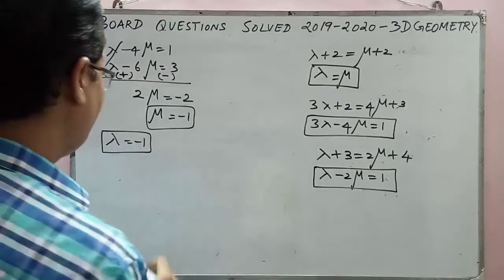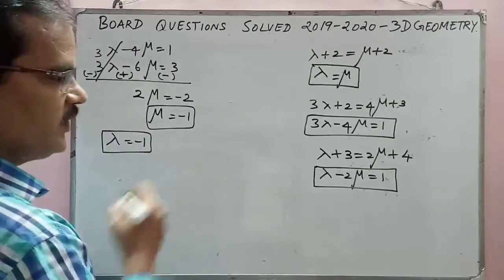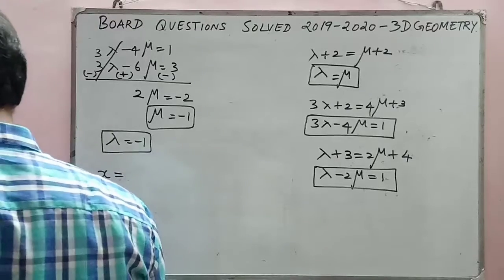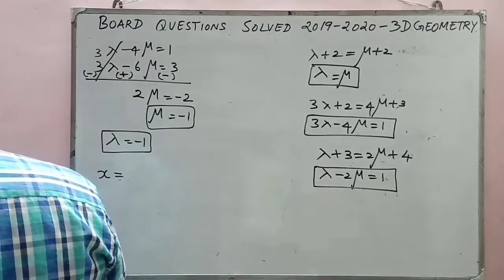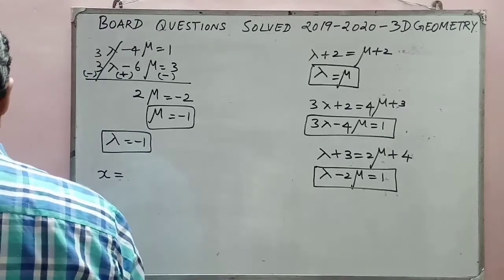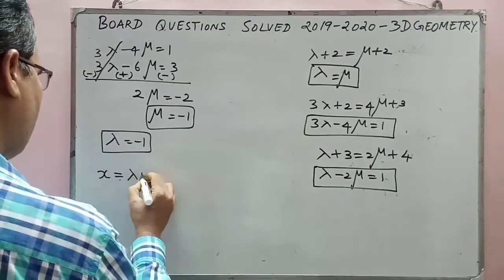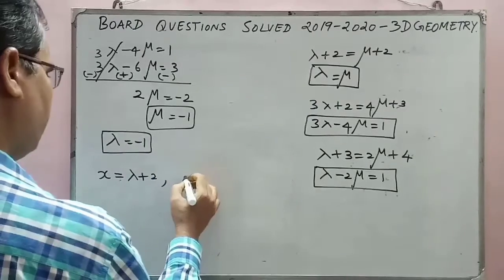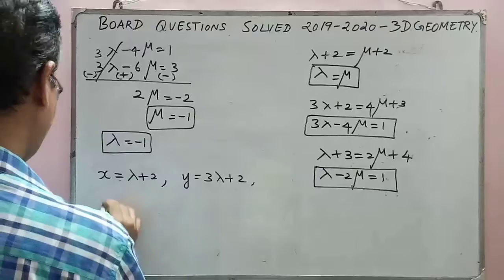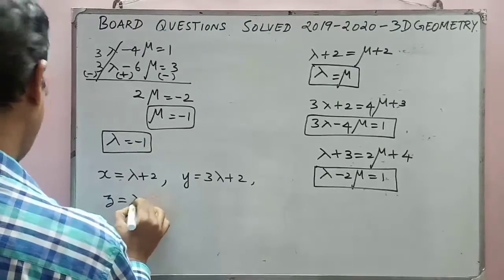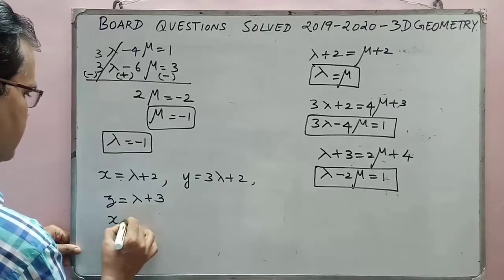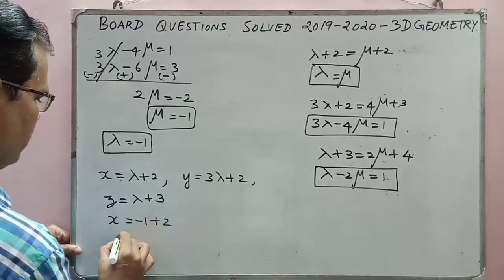Okay children, now the coordinates of the point. What is the x coordinate we had? The x coordinate we had lambda plus 2, the y coordinate we had 3 lambda plus 2, and the z coordinate we had lambda plus 3. So substituting these lambda values, x equals minus 1 plus 2, so x equals 1.